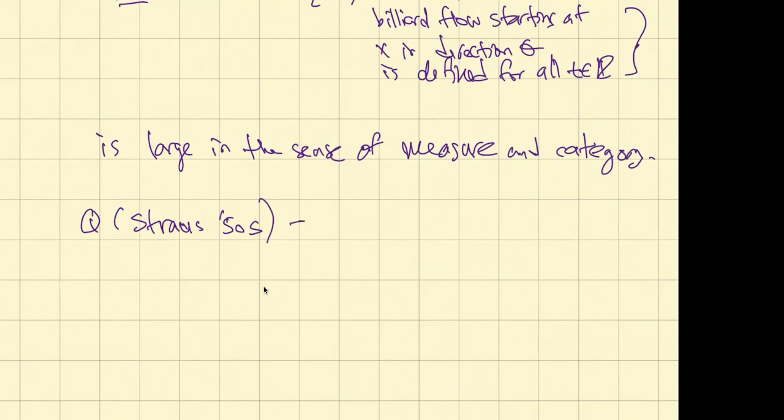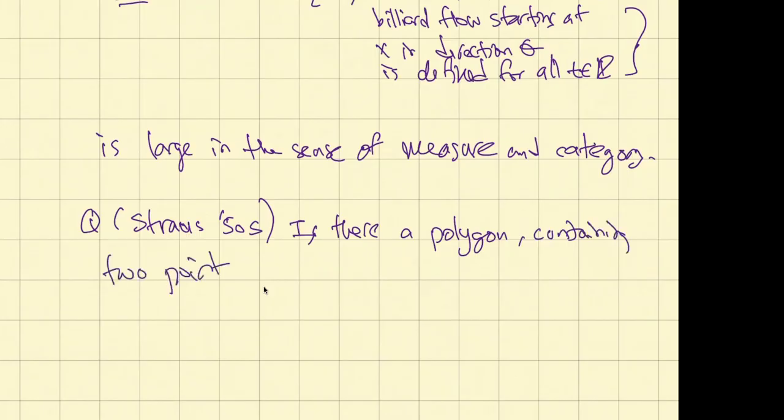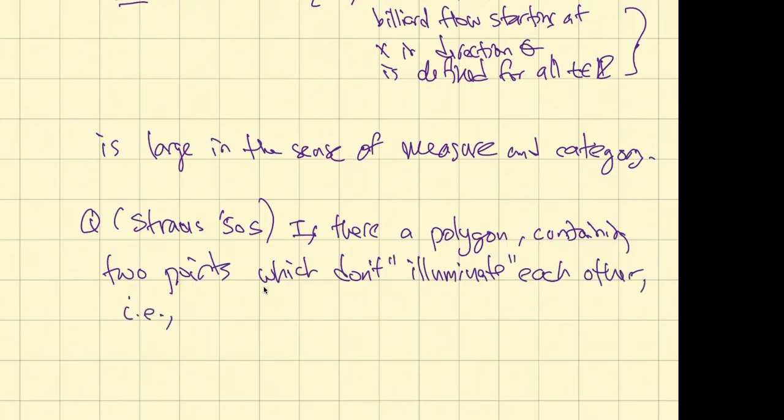He asked, is there a polygon containing 2 points which don't illuminate each other? This is why it's called the illumination problem, where illuminate means there's no billiard trajectory between these points.